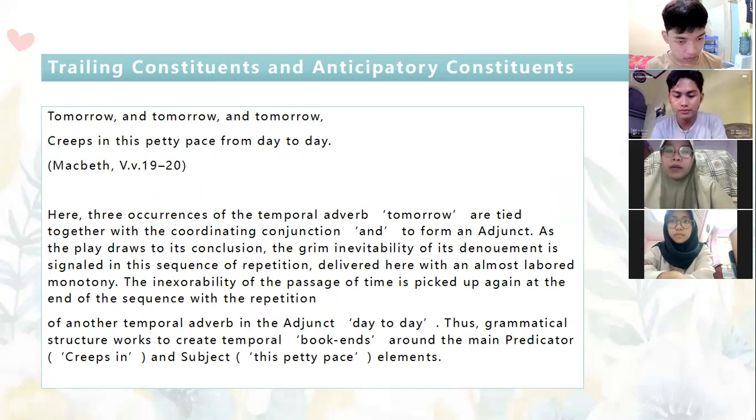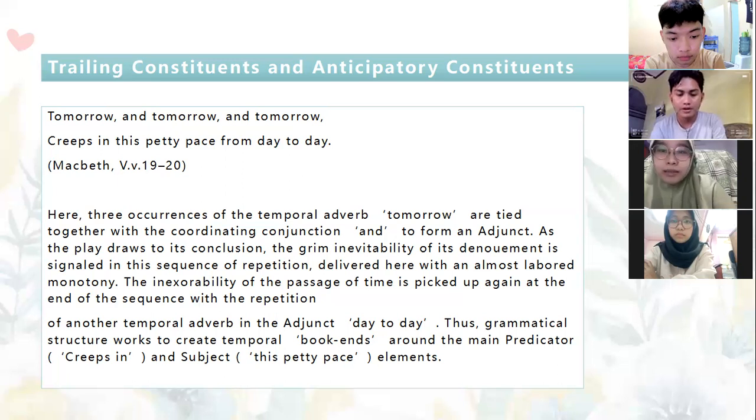Here, the three occurrences of the temporal adverb tomorrow are tied together with the coordinating conjunction and to form an adjunct. As the play draws to its conclusion, the grim inevitability of its denouement is signaled in this sequence of repetition, delivered here with an almost labored monotony.